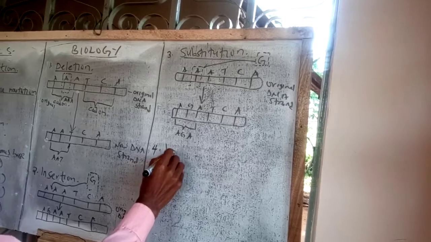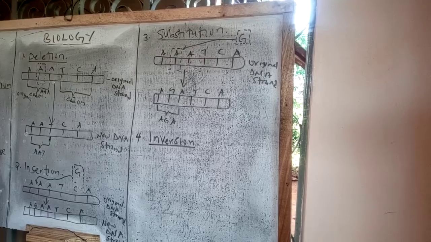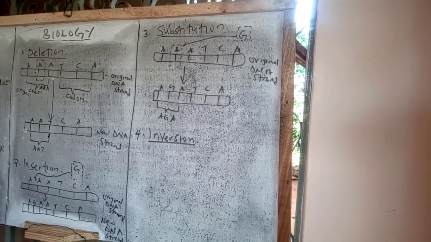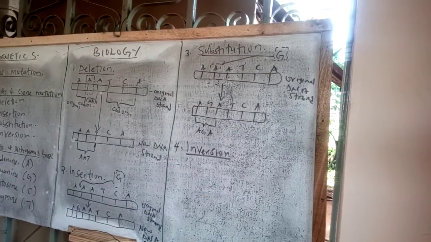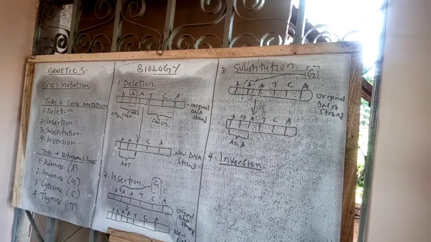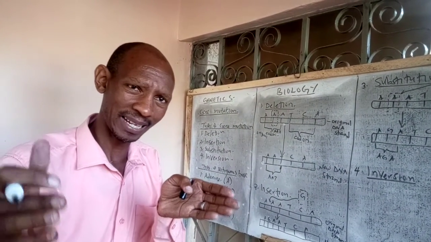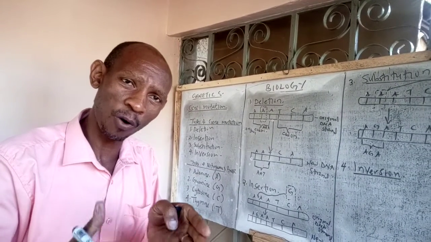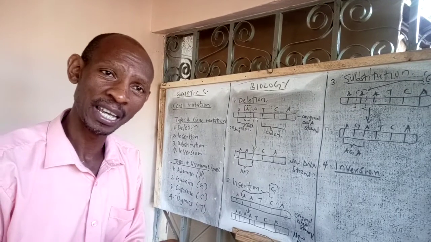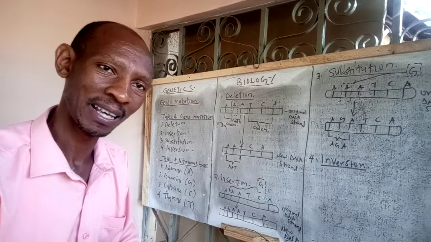The fourth one, and of course the last one, we have inversion. As far as inversion is concerned, a portion of DNA strand carrying the nitrogenous base will cut at 2 points, and the middle piece, especially where the DNA strand breaks, will rotate through an angle of 180 degrees and rejoin in inverted position, and therefore in so doing it will reverse the nitrogenous base.